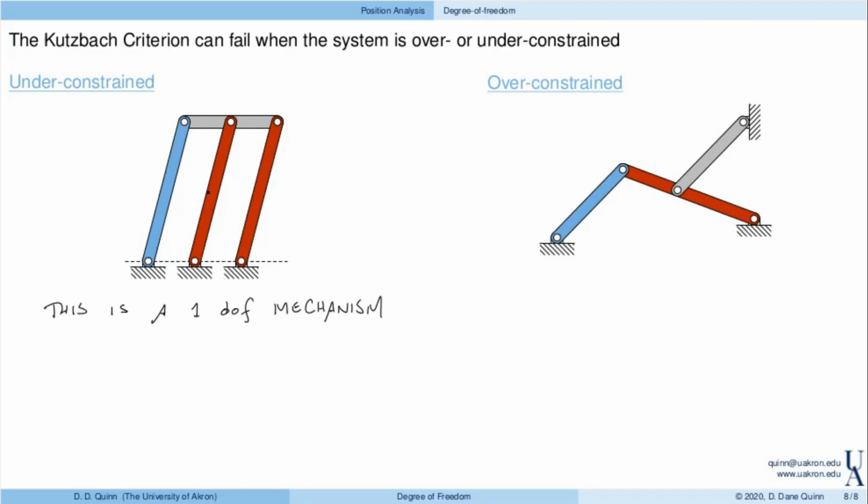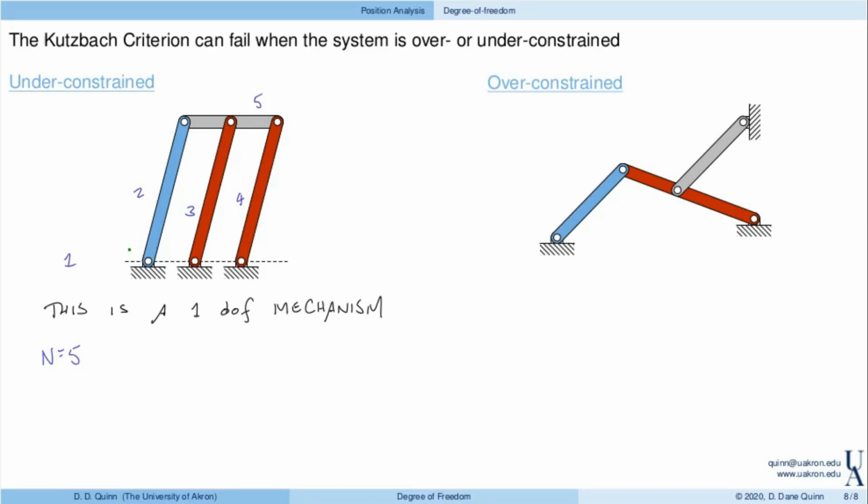Essentially, these 3 legs all do exactly the same thing. The upper and lower links remain parallel, right? But if I just start calculating, I have 1 for the ground, 2, 3, 4, 5 links total, so n is equal to 5.